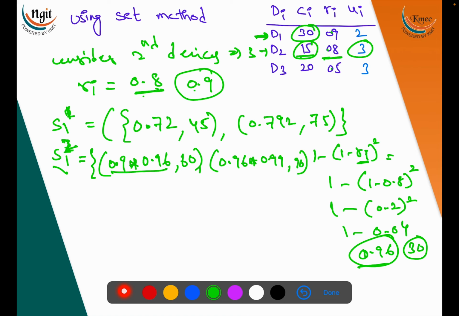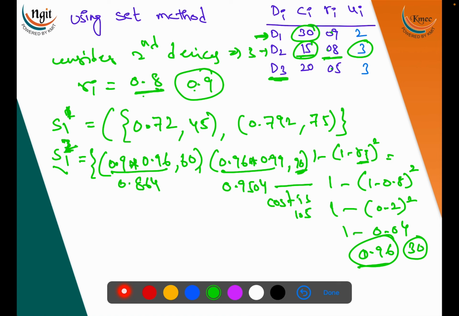So this value is 0.864 and this value is 0.9504. So 90 we got, right? 90 means, the cost, the availability cost that I can utilize, is 105. But here I have already hit 90, and we have one more device to buy.